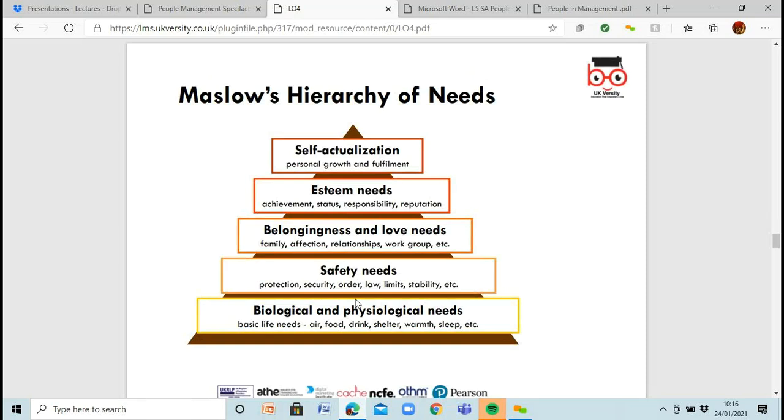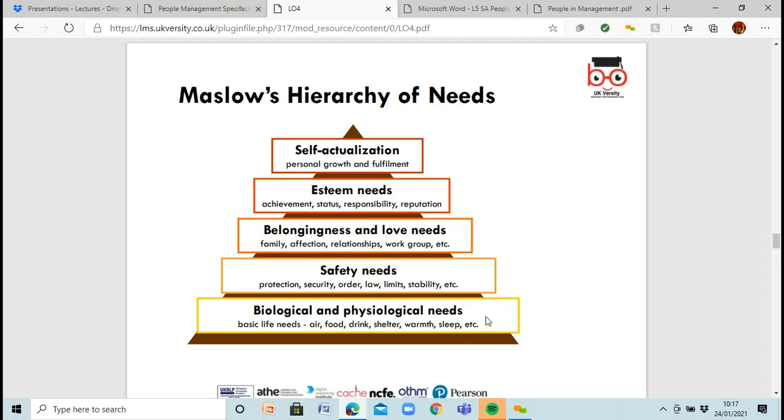And then we're coming on to Maslow. Now, we've looked at Maslow within yesterday's session in Learning Outcome 3. So Maslow is quite prevalent within this unit. So we'll recap. So Maslow's hierarchy of needs. Now, he believes that each person has basic needs that need to be met.